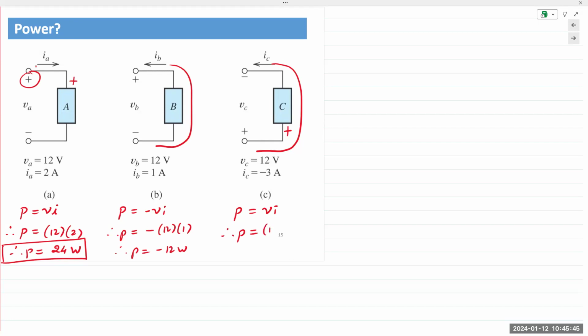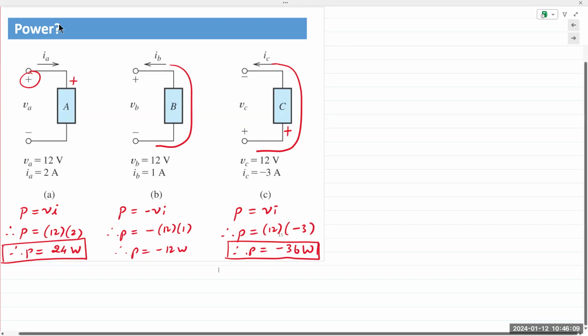You plug in the values, you end up with minus 36 watts, which is fine. Your answer is not incorrect. Taken with the direction of the current and the polarity, if the numerical value is correct, you will receive full credit.